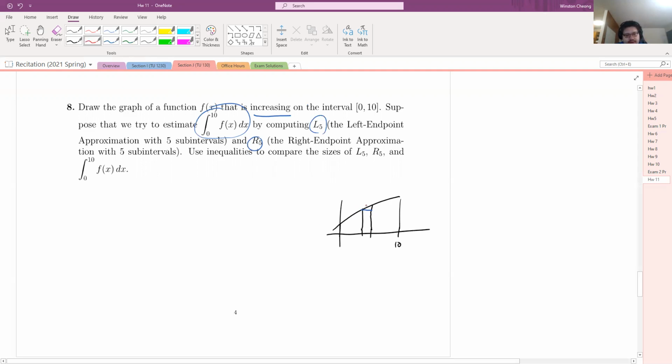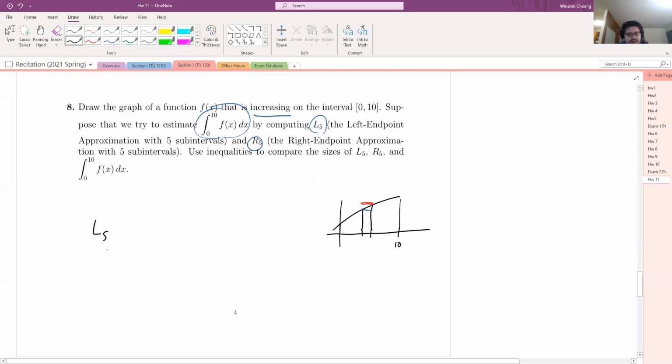And the right endpoint would calculate the area of the rectangle whose height is in red. Okay. So you can see that the blue approximation is going to be an underestimate, whereas the red one will be an overestimate. And that's all you need to know to set up the set of inequalities.